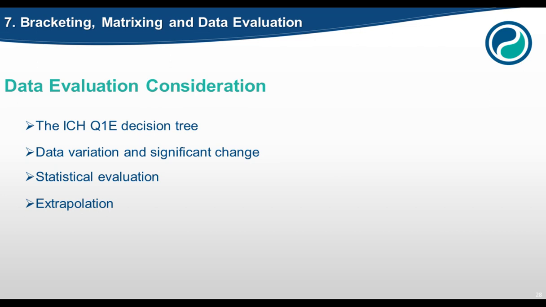So for data evaluation of the stability results, there is an ICH guideline, ICH Q1E, and there are 3 points I want to bring to everyone's attention. The first one is data variation and significant change. We have to pay attention to this, and also to statistical evaluation.